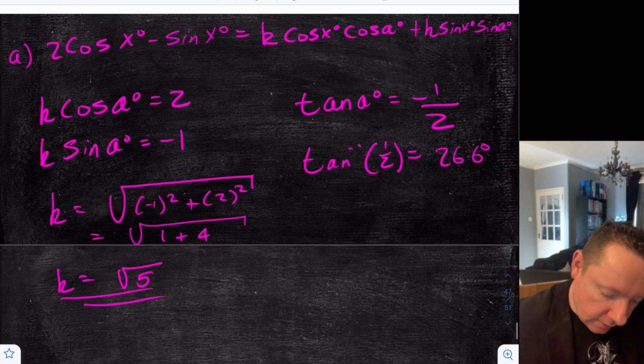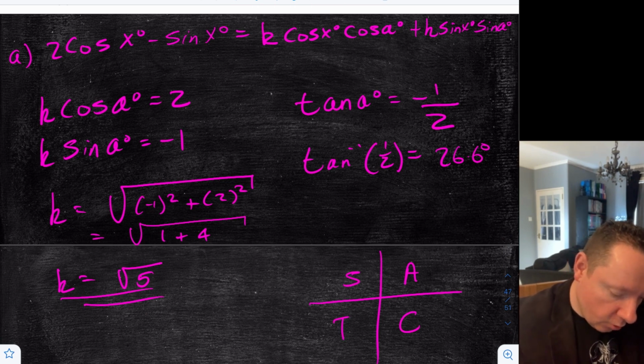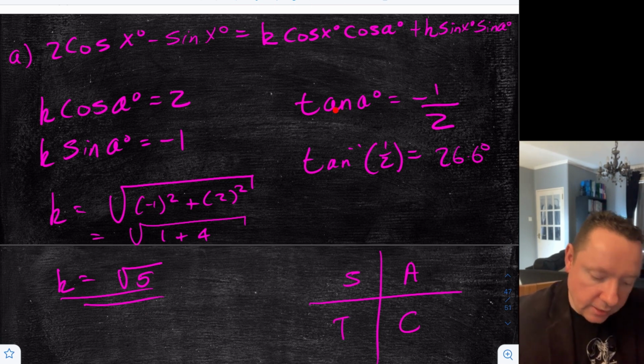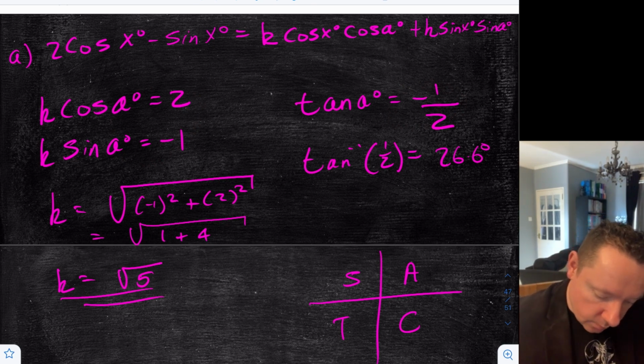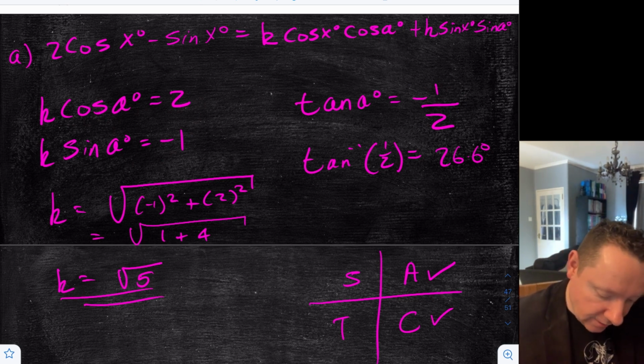So using our CAST diagram to see what quadrant we're in and the related answer, we need to check it from here, not here. We know that tan A is negative, but cos A is positive. So when cos A is positive, that would be these two quadrants. And sin A is negative. Well, when sin is negative, it's not these two, it is these two.